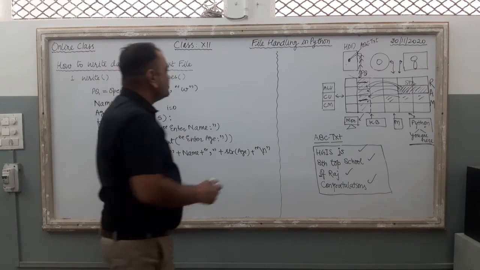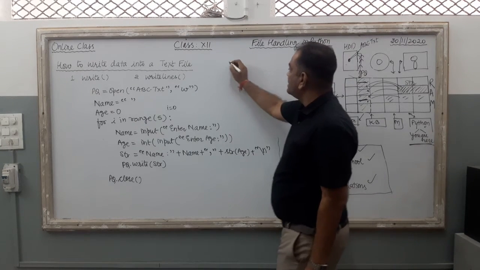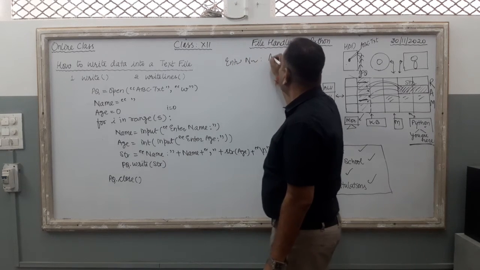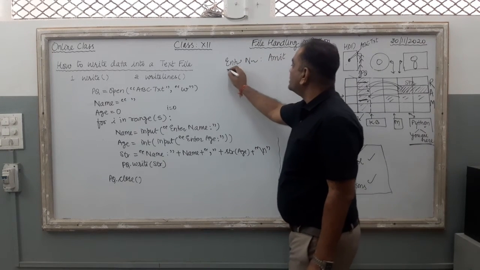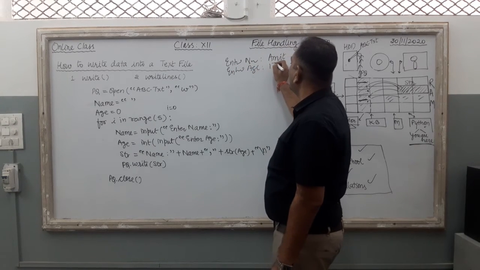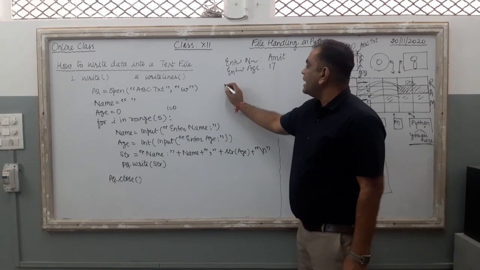Now what will happen? What is the output of this program? Very first, computer is going to take the message. The message is there on the monitor. The message is enter name. Here I wrote Amit. Now the second line is enter age. Here 17. Now what is there in the string variable? Just see. String variable कैसे बन रहा है?